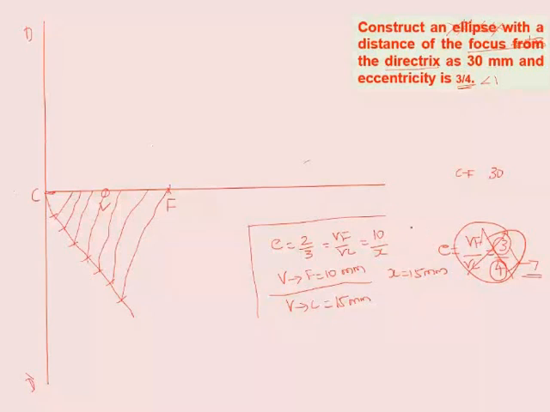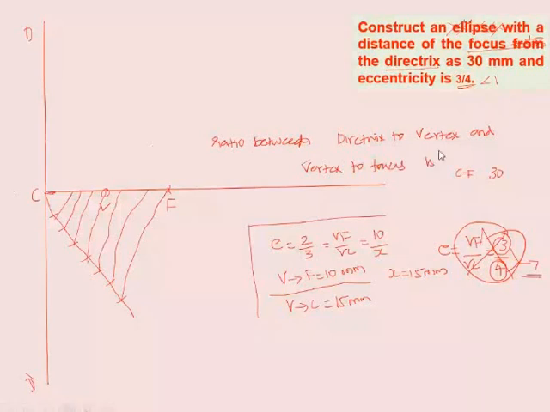There is one more variation. Instead of giving the eccentricity, they will give the ratio between directrix to vertex and vertex to focus is 3/4.